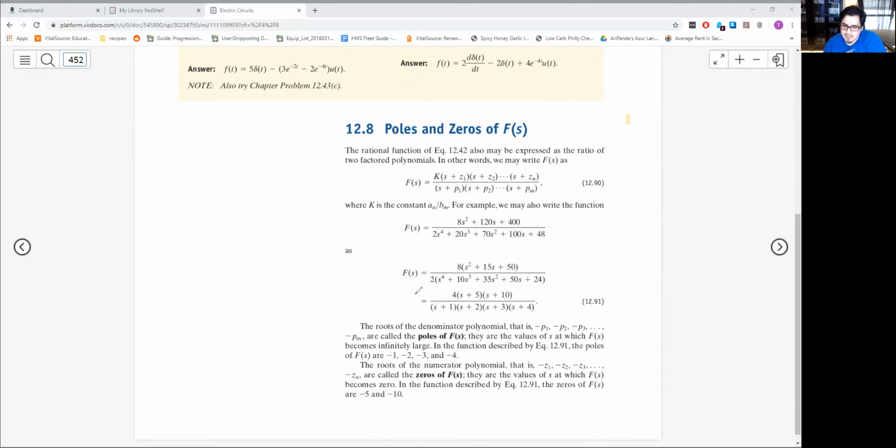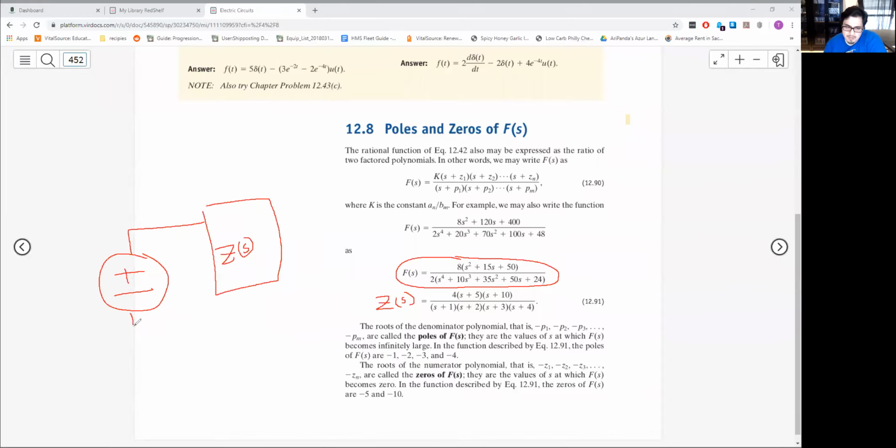For example, let's say this whole function right here was an impedance of a circuit, right? So in our case, let's say we had a voltage source. There's a current going through it. We had a Z network. We're not really sure what this is. It could be a large filter, it could be a complex cellular network, who knows?